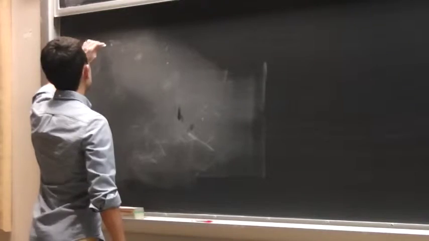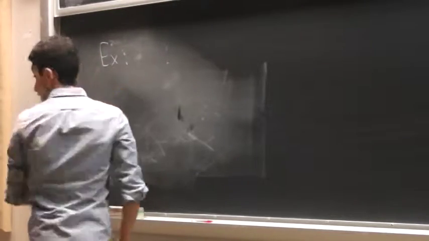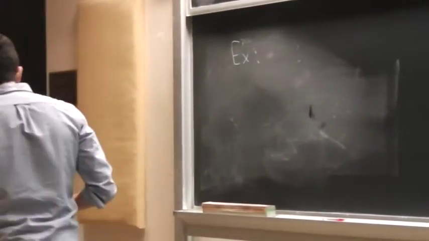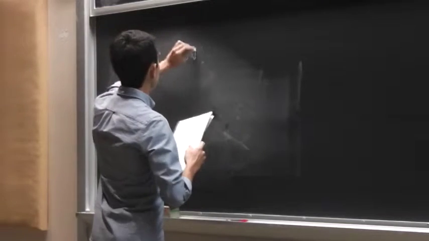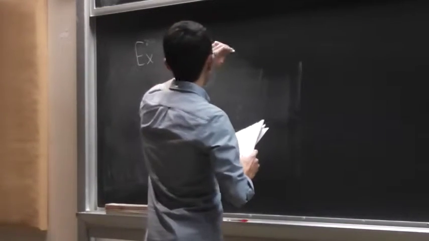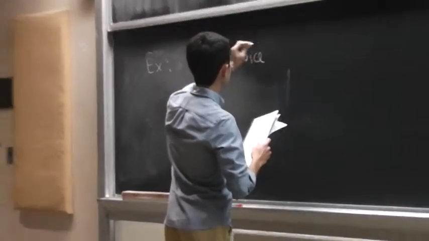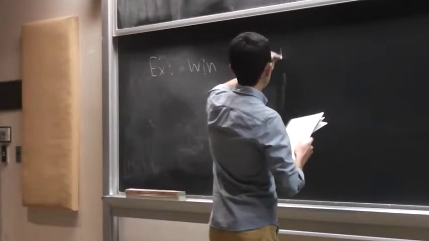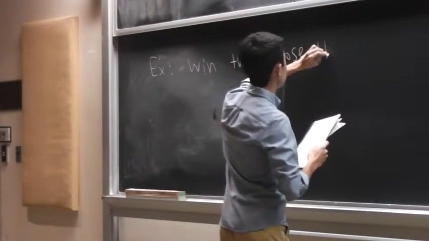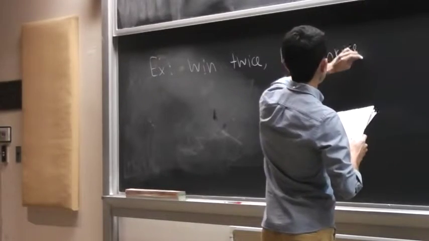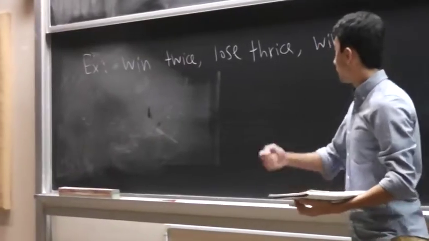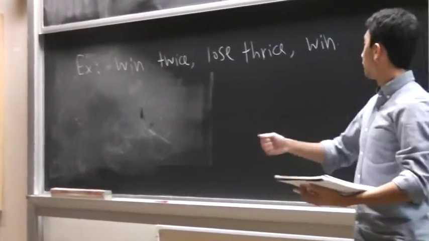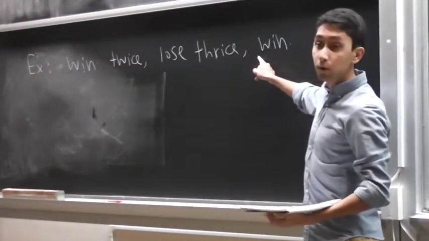Okay. So for example, suppose we have a game where we win twice, then we lose 3 times, and then we win one more time. So the coin comes up in our favor 2 times in a row, but then we have a little losing streak, and then we win one more time.